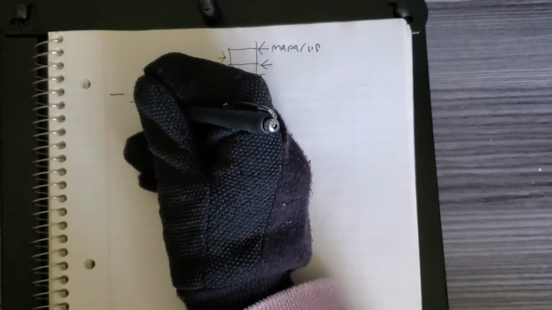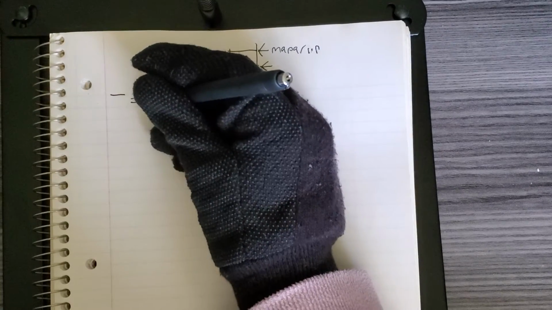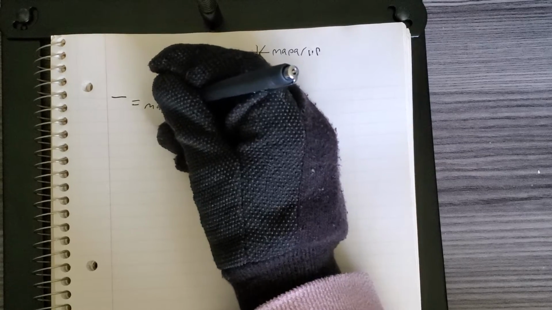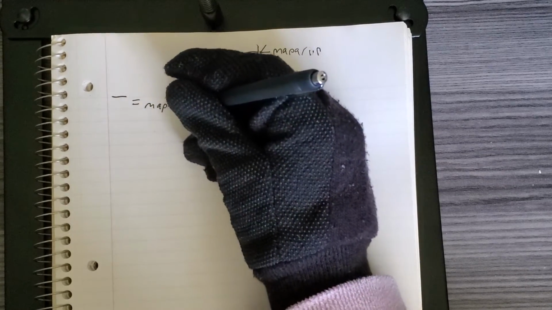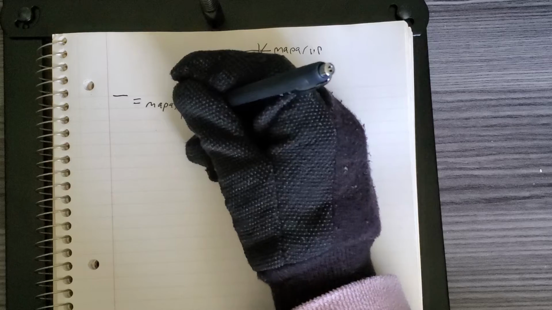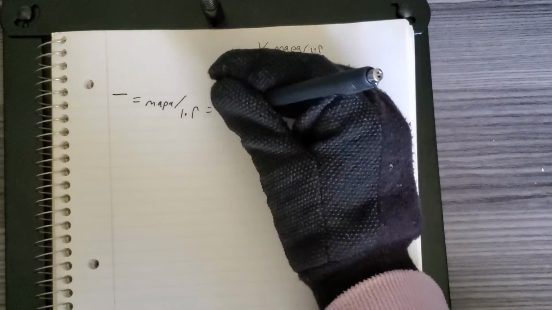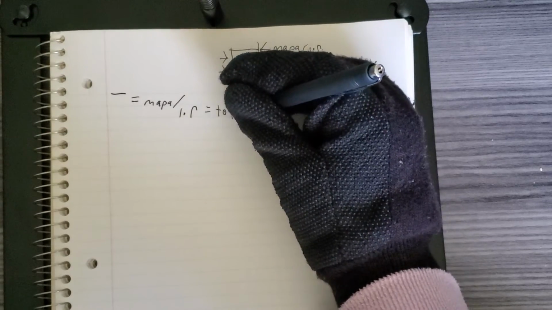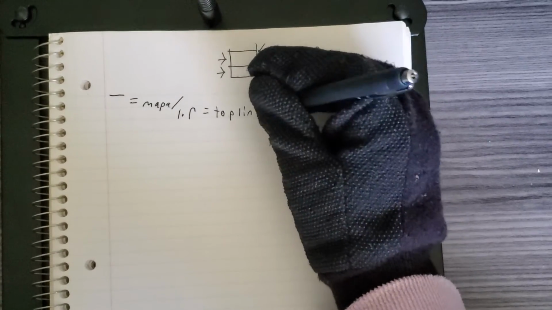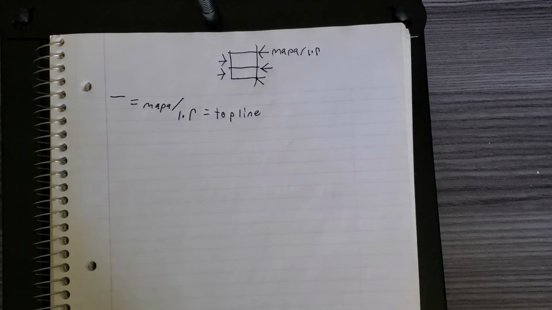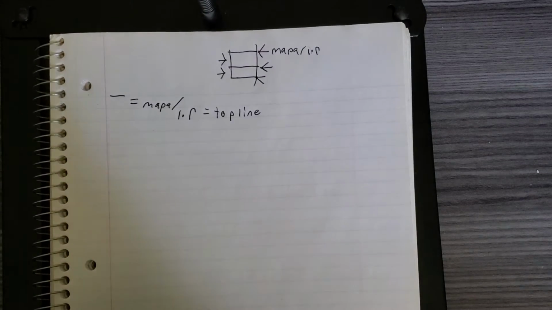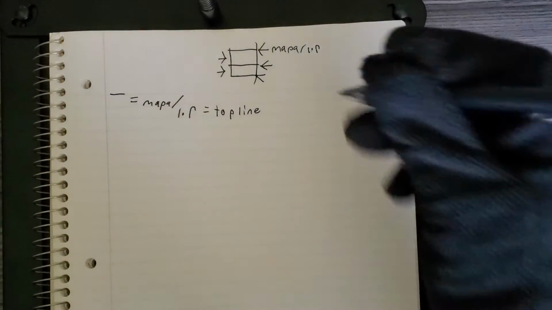And this equals mapa. So mapa, which in Soulvean is written like this, equals top line.